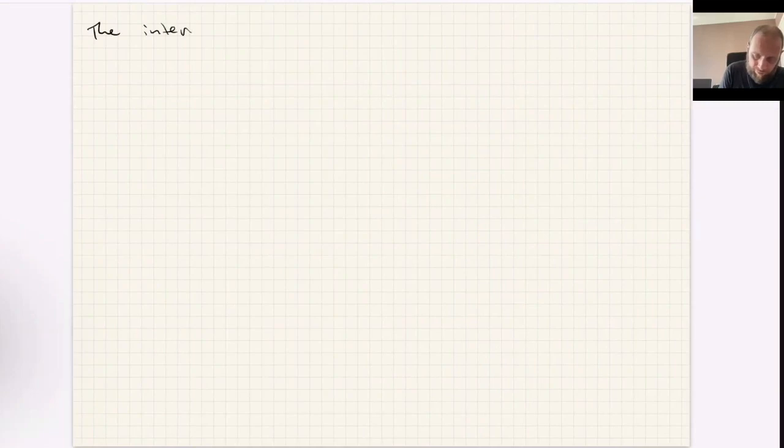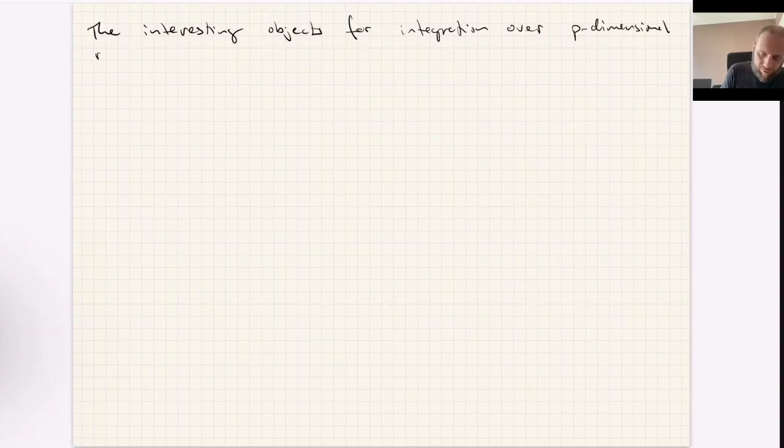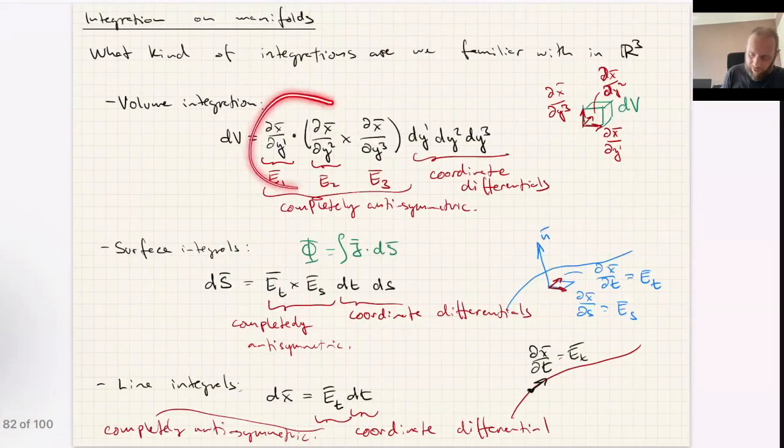objects for integration over p-dimensional regions take p tangent vectors and map them linearly, because you can see that all of this here is a linear thing, this is a linear thing, this is a linear thing.